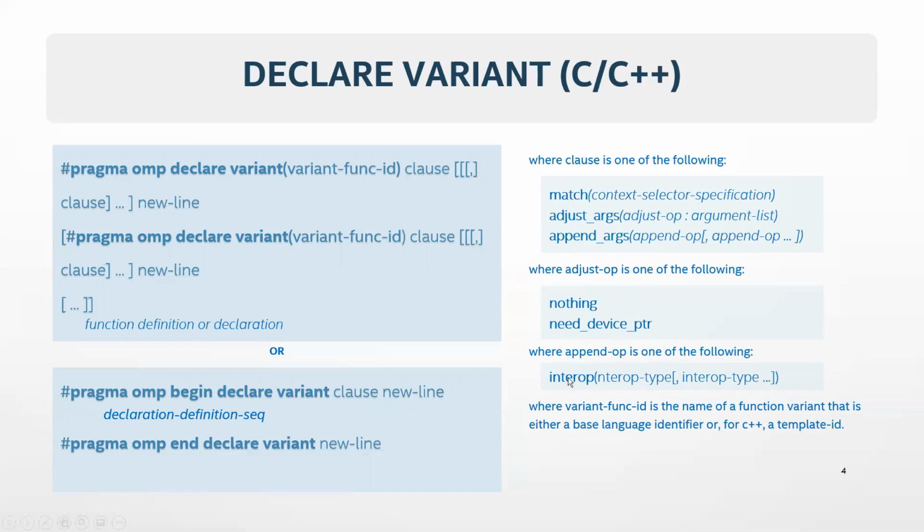And append_args is where you can append an argument, like an interop argument. And the variant function is the specialized function which will be used instead of the base function name.